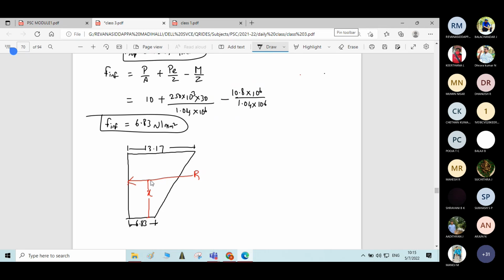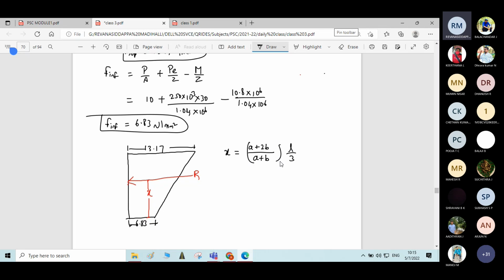Or else we have the direct formula to calculate the centroid. Please note down: X is equal to (A plus 2B) divided by (A plus B), into L by 3.